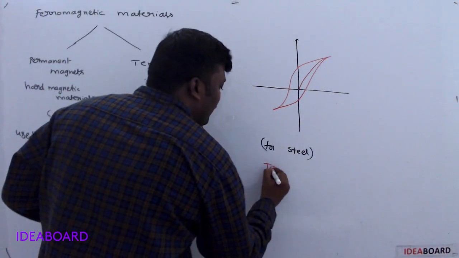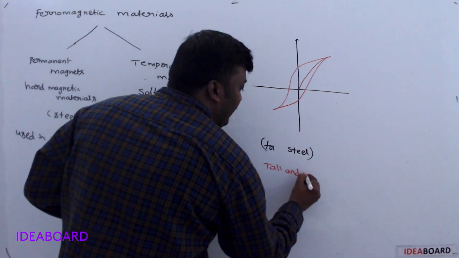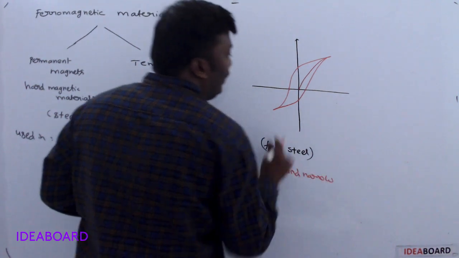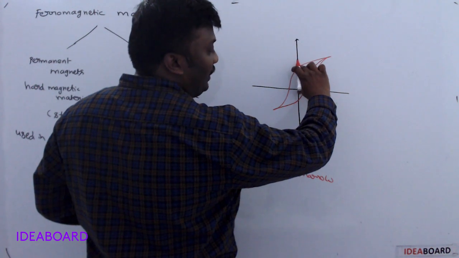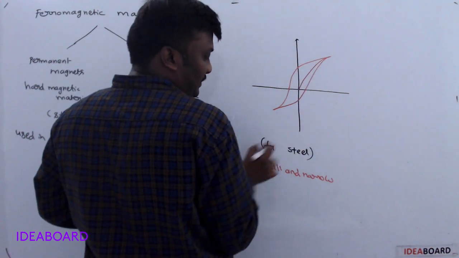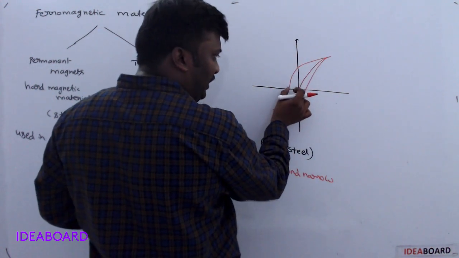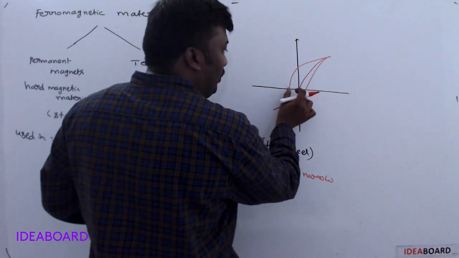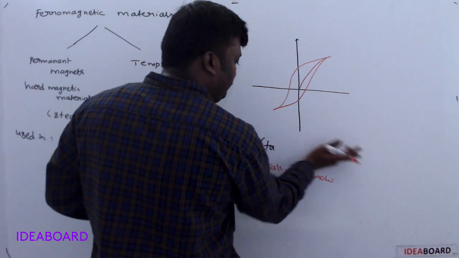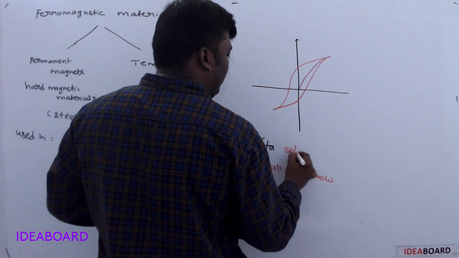It is tall and narrow. Tall means the retentivity value is more and coercivity value is also more, for soft iron.